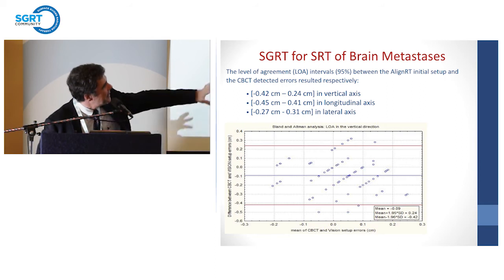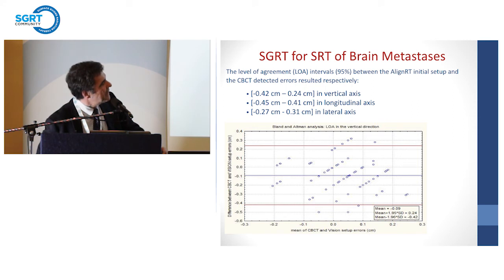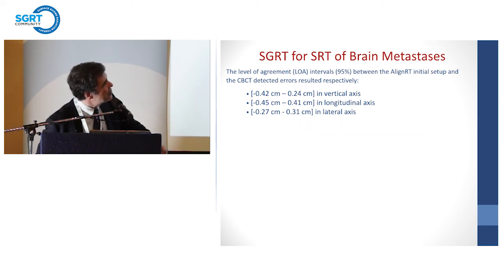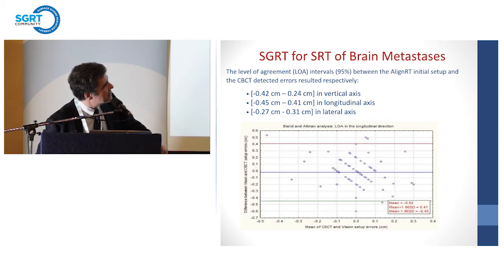We had some spread of data more in the vertical direction, possibly related to the system that can really move a little bit during the setup of the patient. It is quite stable, but in less than a millimeter you can have some small changes. Less changes in the longitudinal direction, which was really reliable, and again also in the lateral direction.